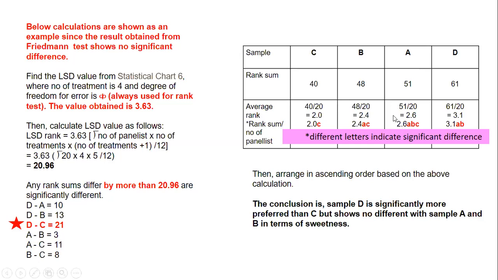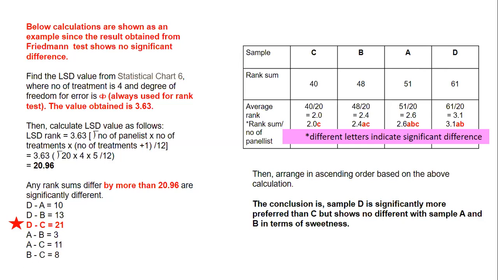For example, here the highest value is 61, which is D, followed by A 51, followed by B 48, followed by C 40. All right, so just now a student asked me where we got this value. I really forgot just now. Okay, since we already have the question, we are referring to the question.